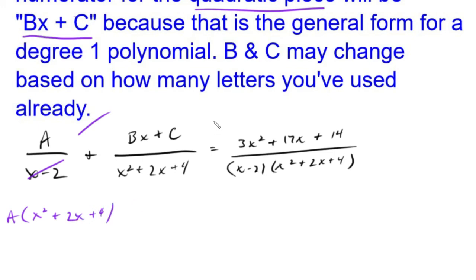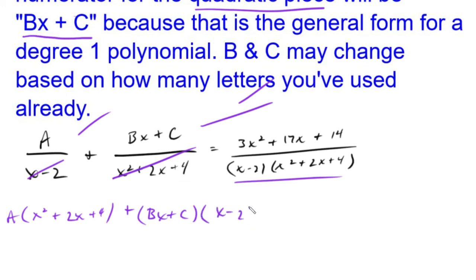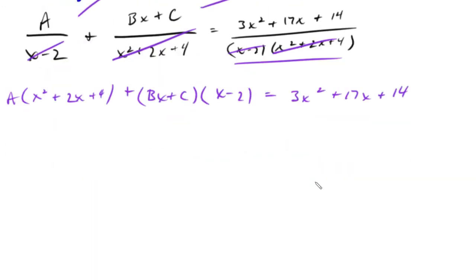Then here, when you multiply the denominator, the quadratic piece will cancel, but the x minus 2 piece will not cancel. Try to imagine that. And so you're going to have plus bx plus c times x minus 2. This is going to equal, because then both of these pieces will cancel, and you'll get 3x squared plus 17x plus 14.